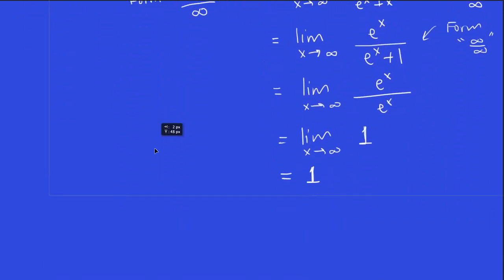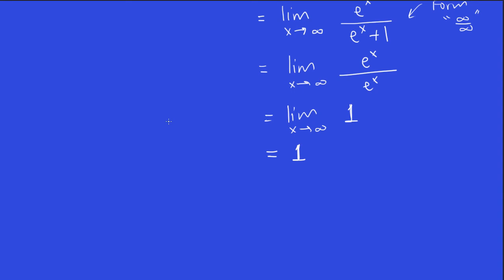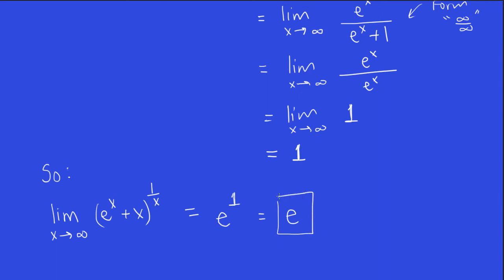Let's conclude our question. Our question is equal to e to that limit, which was 1, which is just e. So there we go. The answer for this limit is e.